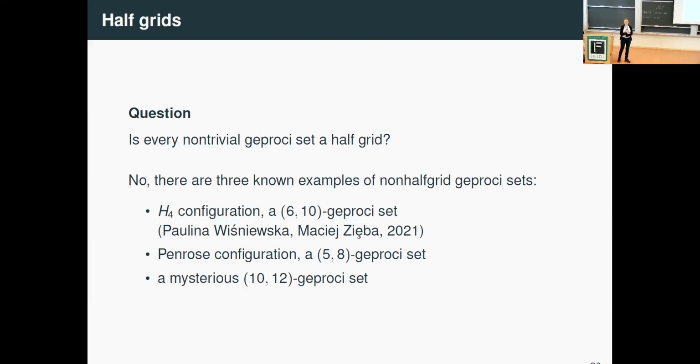Also, there are 2 more examples. One of them is the Penrose configuration, which is a 5 times 8 Geproci set, and the other is a 10 times 12 Geproci set, and the last 2 configurations are connected to quantum mechanics.